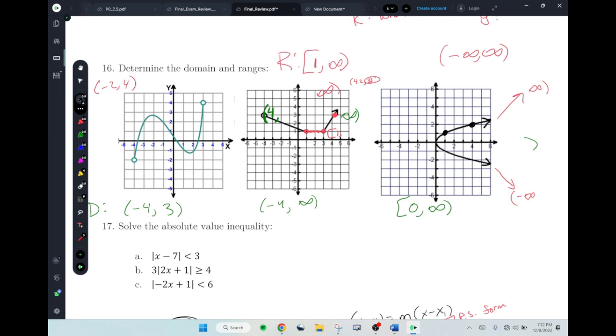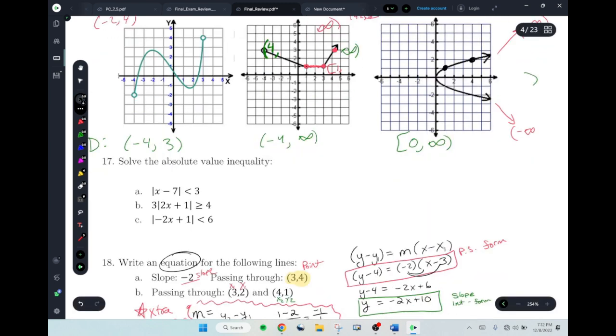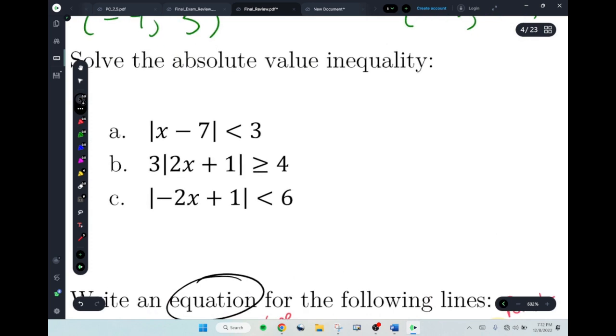What else we got? Yeah, absolutely. You got any?